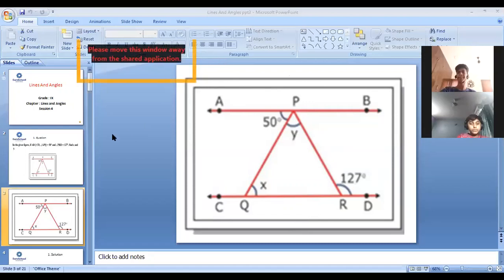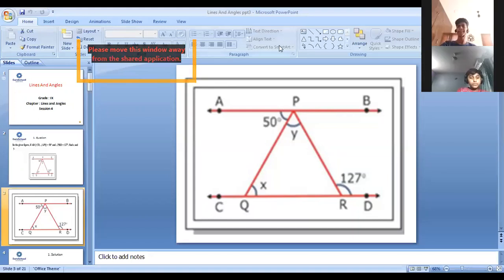The letter X. Ma'am, I think it's angle 50 and Y degrees.